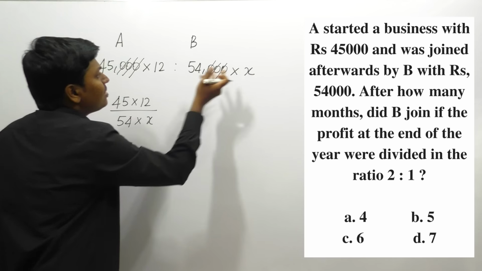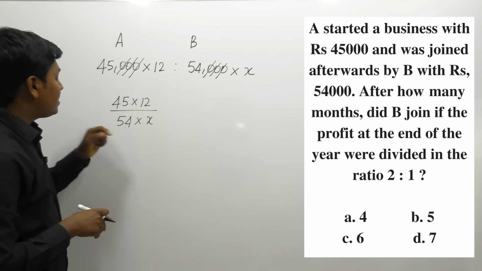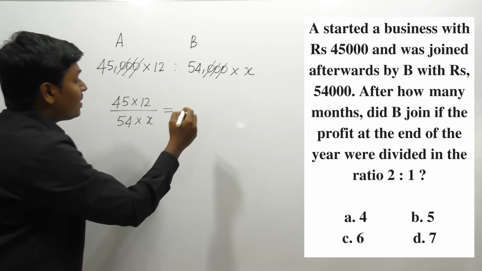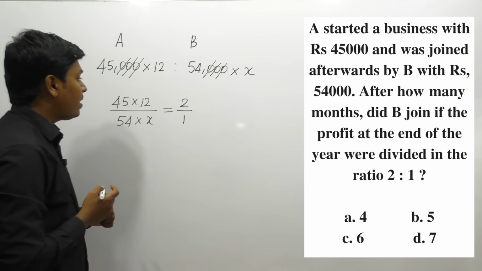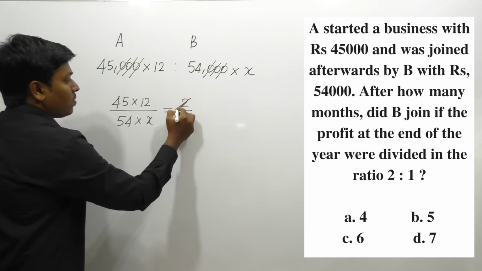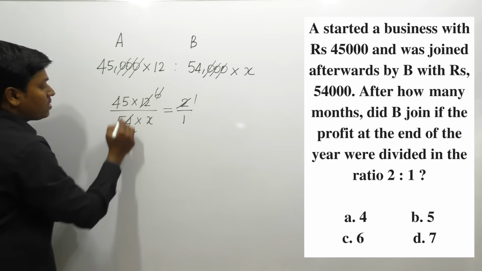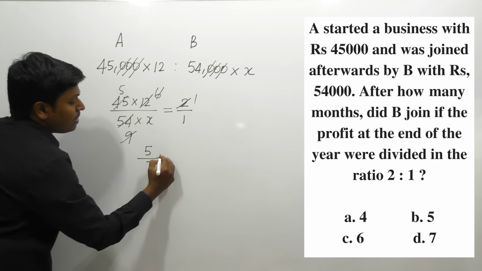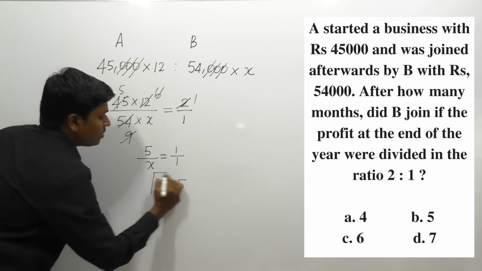So let me assume that X is the number of months B is in the business. So 45 into 12 divided by 54 into X is equal to, and we know they have divided their shares 2:1, which is 2 by 1, right? Now we need to cancel this. 1 2 is 2, 6 2s are 12, and 9 6s are 54. So 9 5s are 45. So the numerator will be 5 and the denominator will be X, equal to 1 by 1. So friends, finally we can say that X is equal to 5.